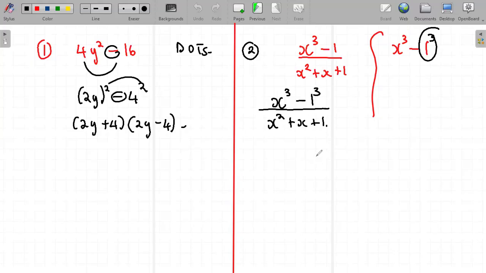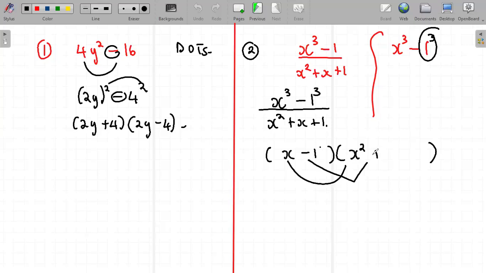Okay, I'm seeing something. Whenever I have cubic, I'm going to create 2 brackets. The other one should be bigger. I'm going to drop the 2, x minus 1. How am I doing it? This one squared is going to be x squared. Okay, the sign changes.